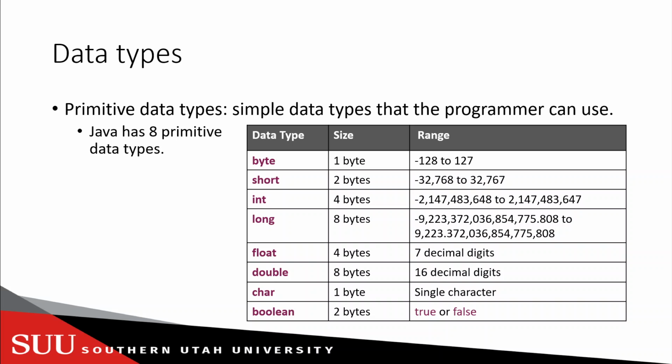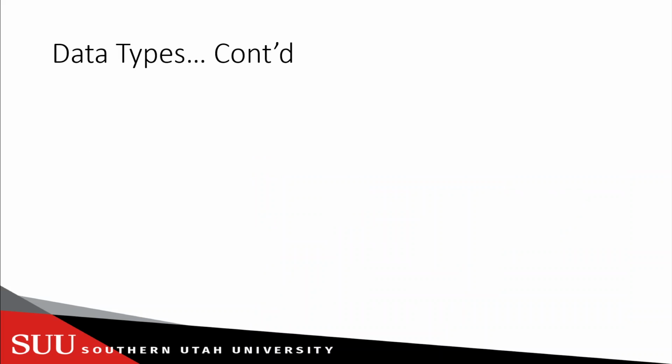And then we have char, which is character, so it's going to save a single character, followed by the last data type, which is a boolean, and this will accept either true or false, and we will see examples of either of those and how we can utilize them.